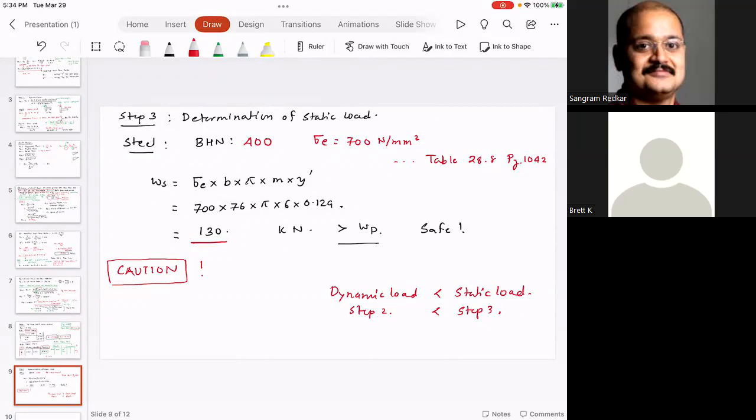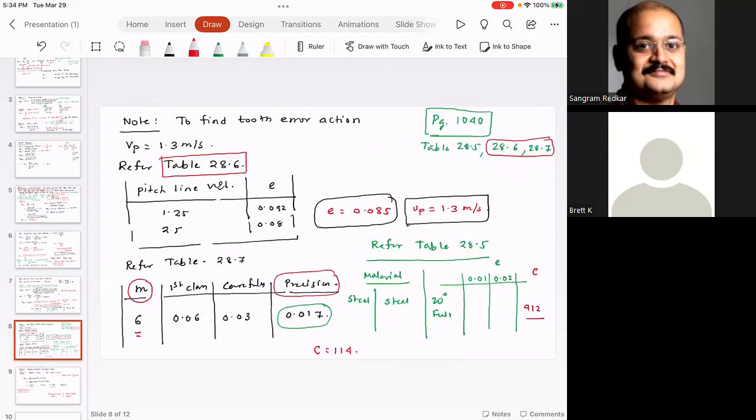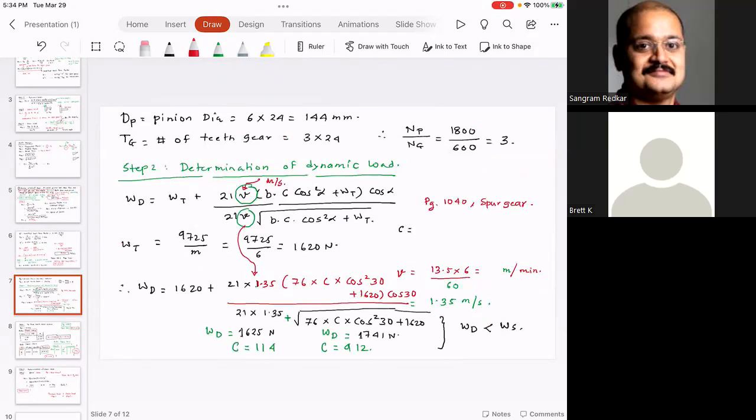Now, there is one more point that I would like to make here. Suppose you work out the problem, and the question is which C value I should choose. Should I go with this C value or this C value? Understand this dynamic load, we want it to be low as compared to the static load. So it is advised that if you want to minimize your iteration and frustration, choose the low value of C. That will give you a reasonable value of dynamic load, and that will make your design safe.